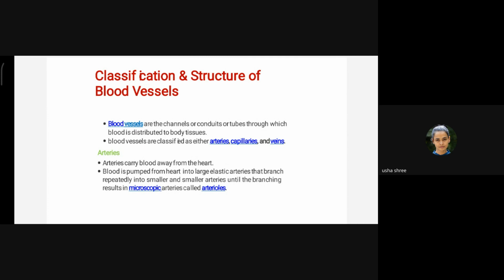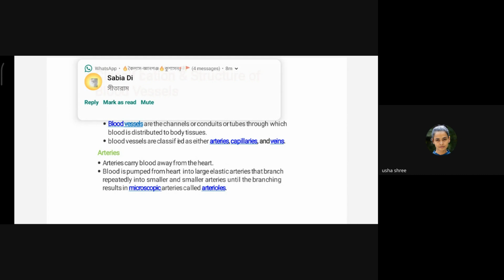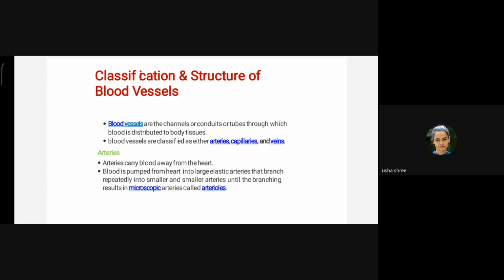Now, at first, arteries. Arteries carry blood away from the heart. So, what are arteries? Arteries are those blood vessels which carry blood away from the heart. It's not like that those containing oxygenated blood are arteries. The blood vessels which are carrying blood away from heart, that is artery.